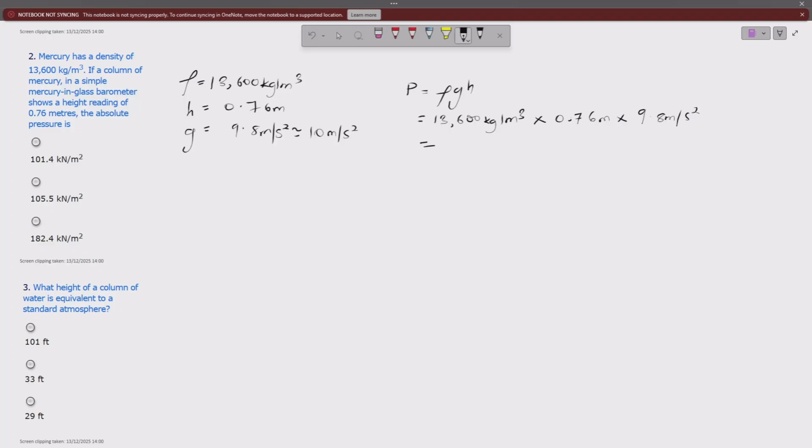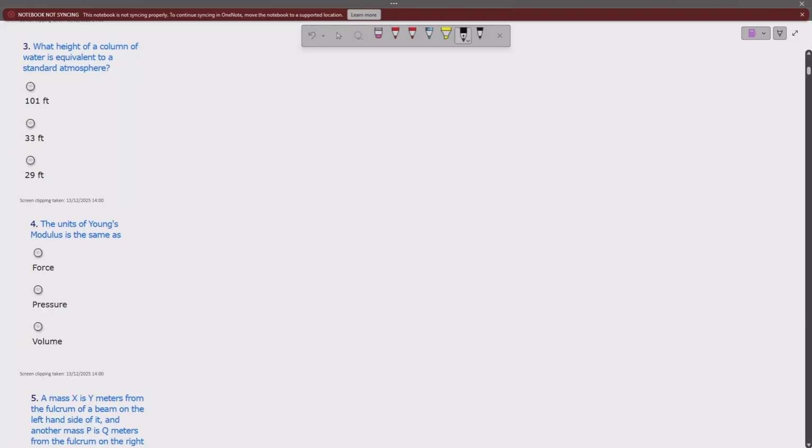So when you multiply these figures, it's supposed to give you 101.39904 Newton per meter squared, which is 101.4 kilonewton per meter squared. That is it.